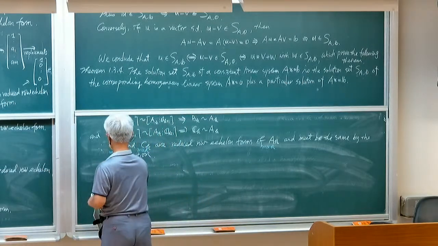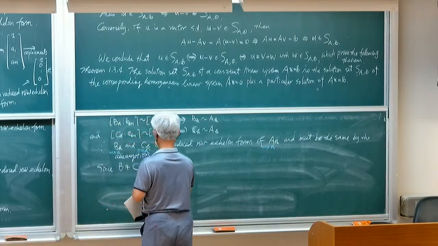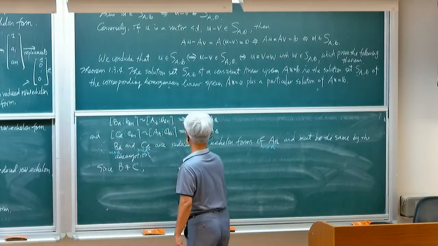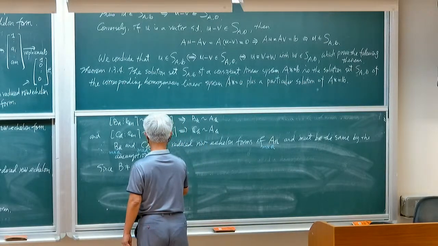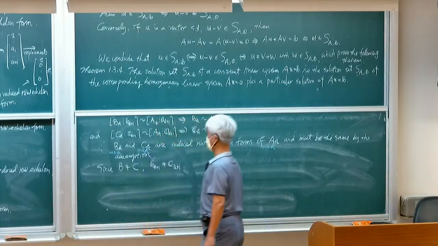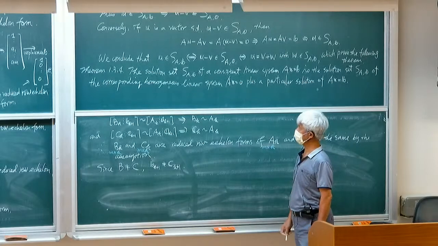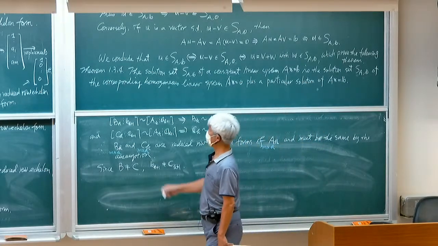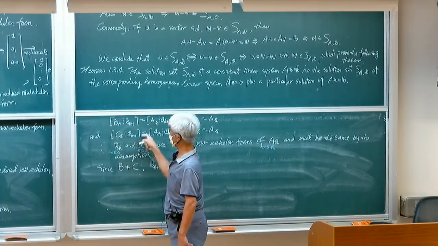Now since B is not equal to C, this means that the last column must be different. Okay? So compare these two: B_k is equal to C_k, but these two matrices are distinct.